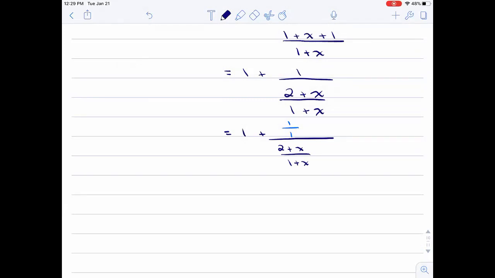I'm just rewriting this one here as a fraction so that I can visualize a fraction over a fraction. But if you don't need that, that's fine, right? I just like to always have a fraction over a fraction before I multiply them, or flip and multiply.